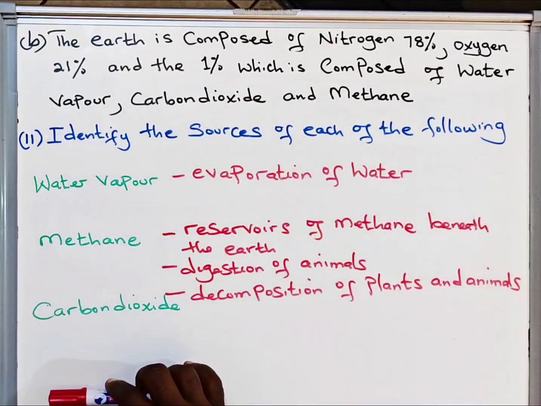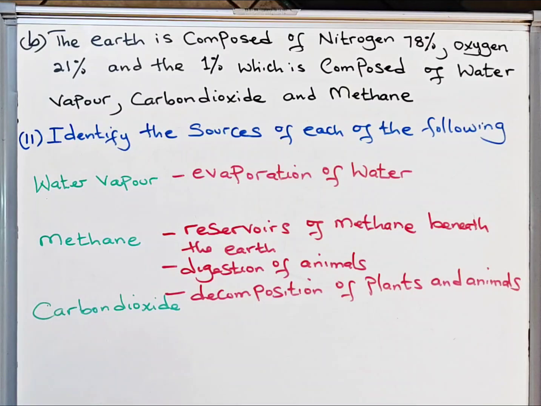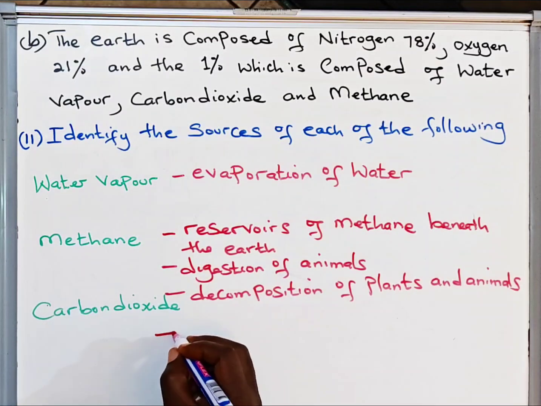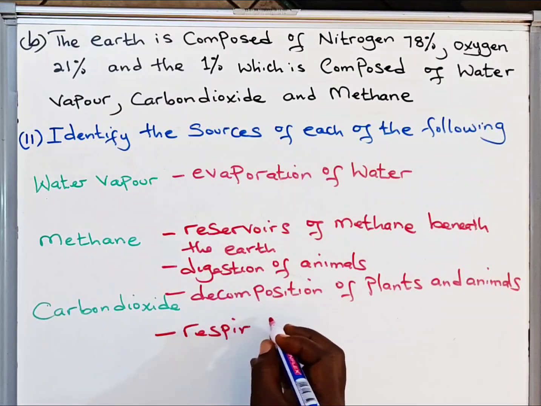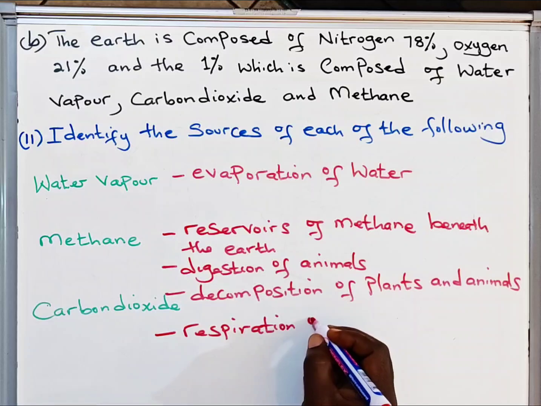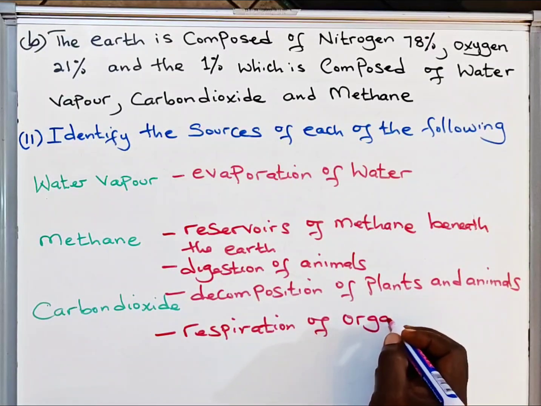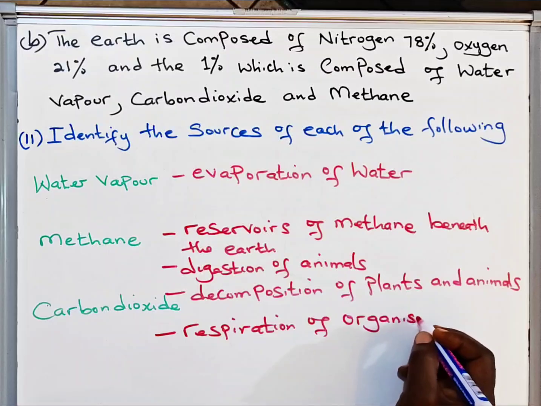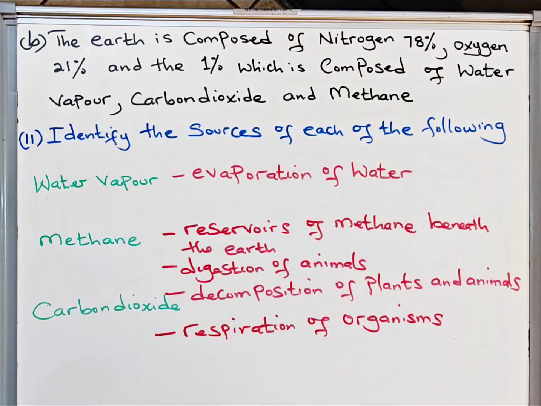Then we come to carbon dioxide. What are the sources of carbon dioxide? The major external source of carbon dioxide is respiration of organisms. That implies plants and animals.